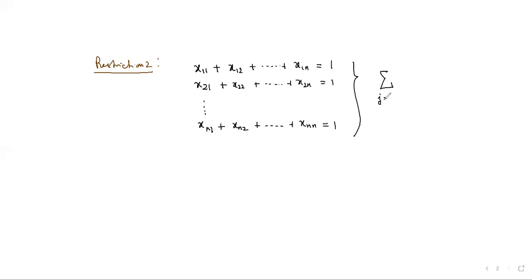So if I represent i as the row and j as the column, then I can say that the sum over j from 1 to n of Xij is equal to 1, which is true for all i taking the values 1 up to n. If i equals 1, you get the first equation. If i equals 2, you get the second equation. If i equals n, you get the nth equation.